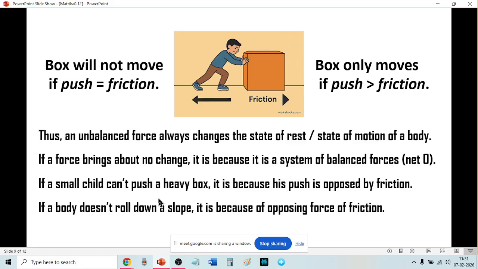If a body does not roll down a slope, it is because friction is acting upward and gravity is acting downward. If the forces are unbalanced, the body will move, or stop moving, or change its speed or direction.